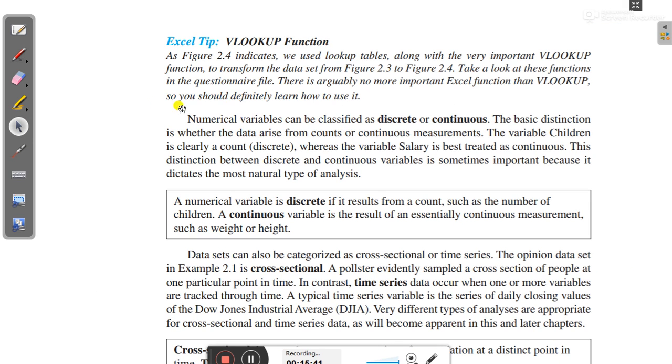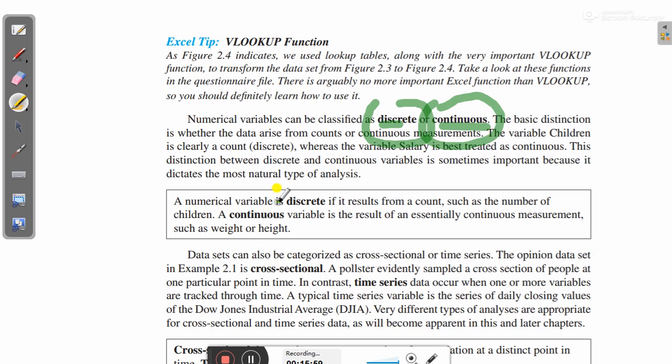And again, two more terms, one is discrete and one is continuous. And this is a very important part, because for both types of data the analysis will be different.